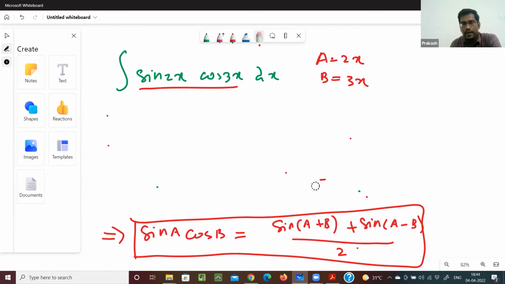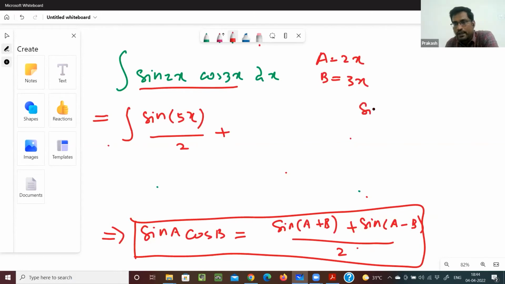Yeah. So here we can write this as the integral over sine of A plus B, where A is 2x and B is 5x, so sine of 5x divided by 2, plus sine of A minus B. Sine of A minus B means you already know sine of minus theta is minus sine theta, because the sine function is an odd function.